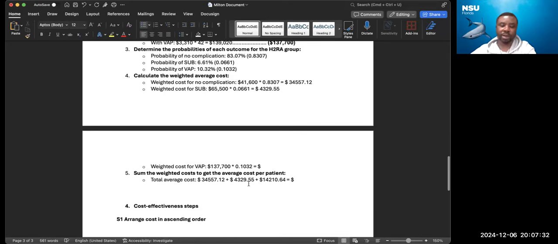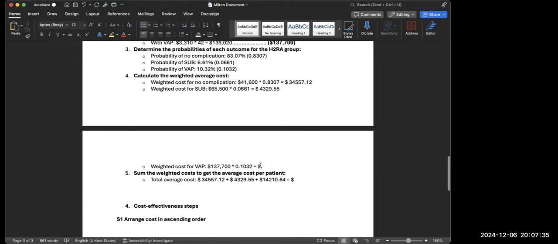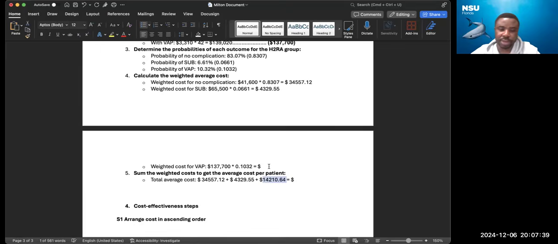Do we agree with this number here? Yes. Yes. Okay. So let's add everything up and then let's get the total weighted cost for the H2 arm.